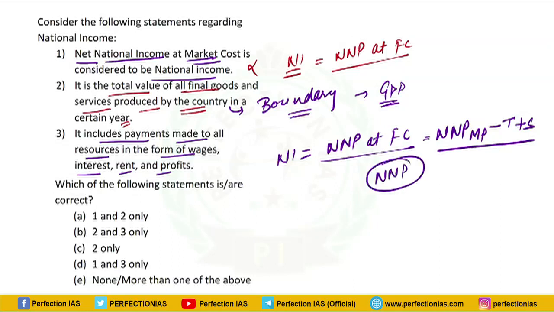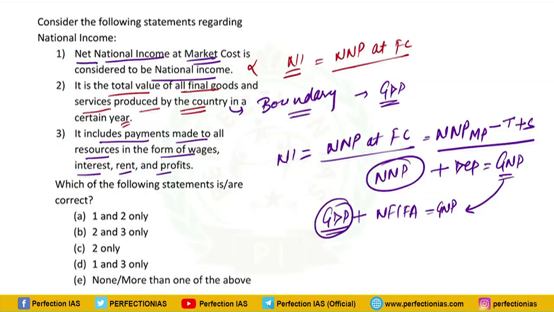NNP plus depreciation will be GNP. Now GNP and GDP are related in this way. GDP plus net factor income from abroad will be GNP. GDP is the value of all the goods and services produced within the domestic boundary of our country. So in this particular question, second and third statement are correct.